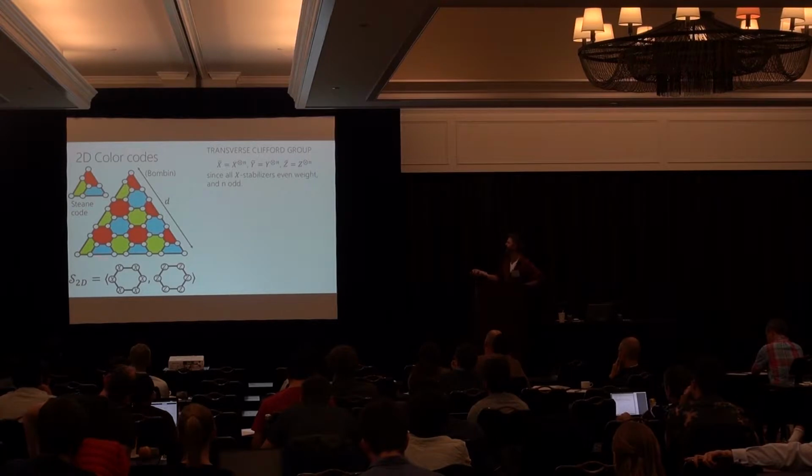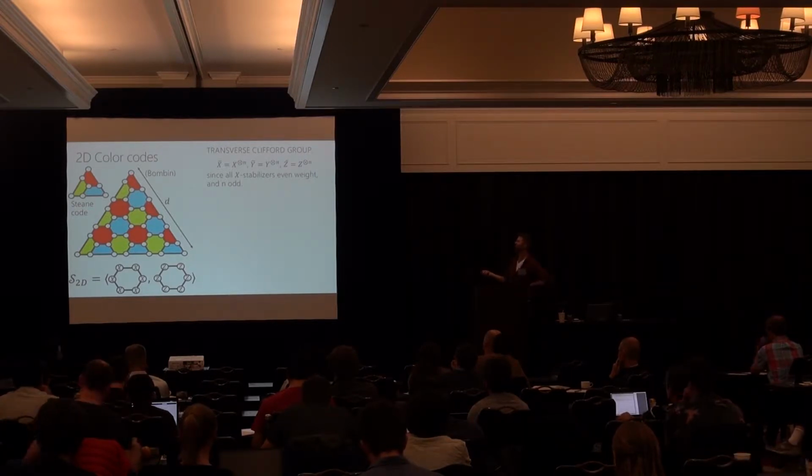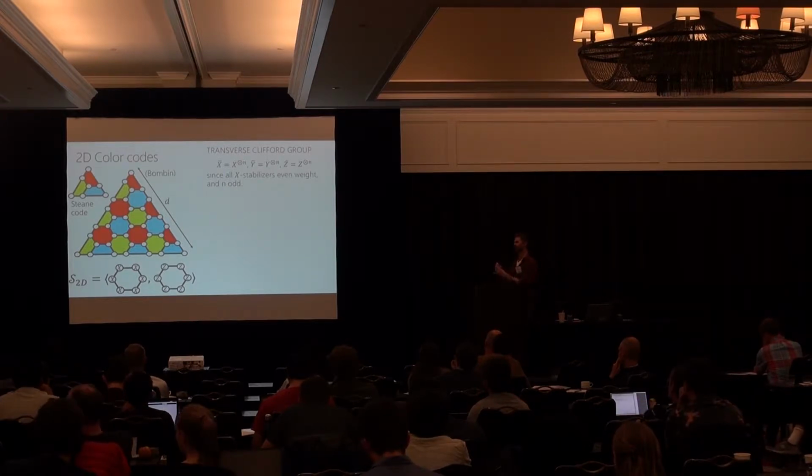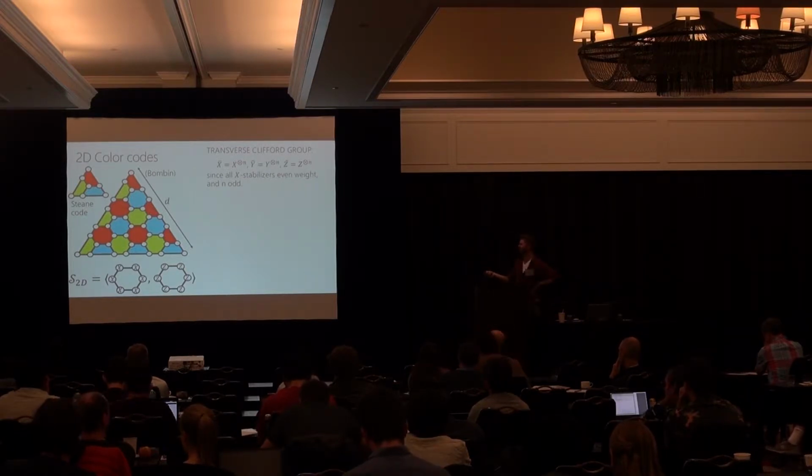It's pretty clear what they are. Looking at this code, you can see that all of the generators are even and have joint support which is either 0 or 2 qubits. So all elements of the X-type stabilizer group will have an even number of qubits in them, and there's an odd number of qubits in total.